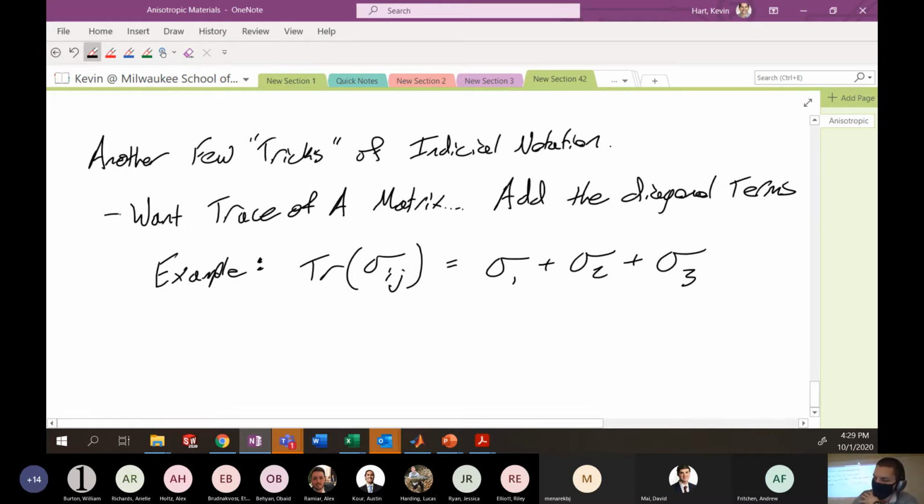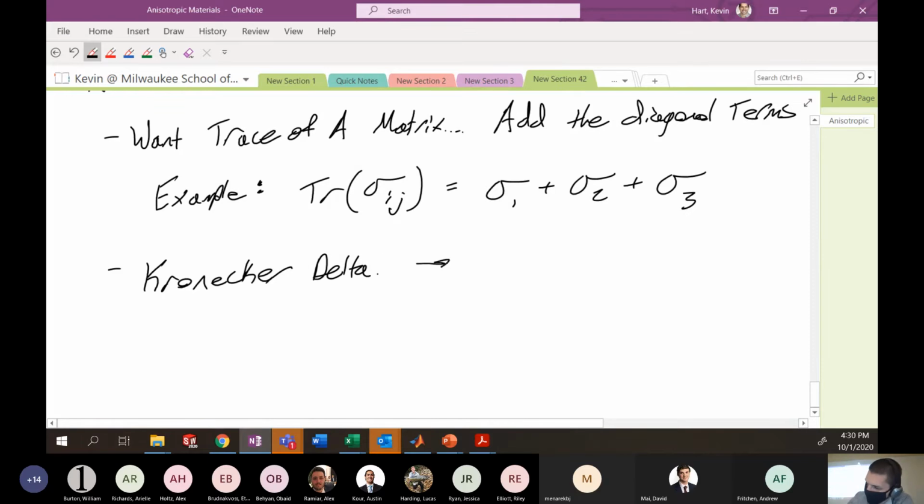All right. The other thing we might want to do is to be able to quickly represent the identity matrix. And with indicial notation, that is known as the Kronecker delta term. I'll spell it out for you: K-R-O-N-E-C-K-E-R, Kronecker delta. This is the indicial form of the identity matrix.